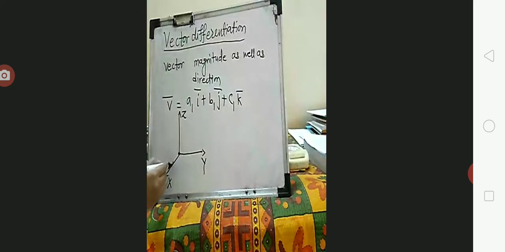Along the x-axis the unit vector we call i bar, along the y-axis it is called j bar, and along the z-axis we call it k bar. So a1 times i bar means locating the point a1, 0, 0 along the x-axis, and along the y-axis the magnitude is going to be b1, and so on.